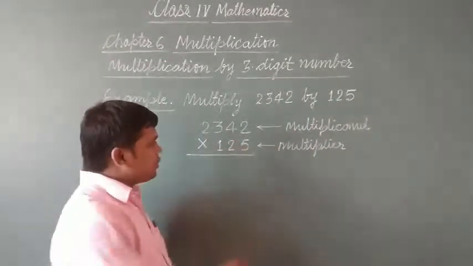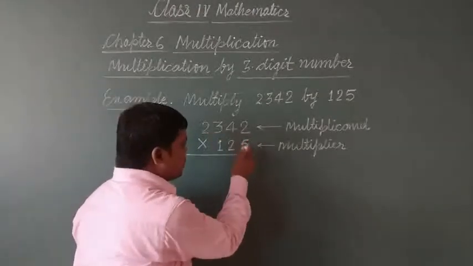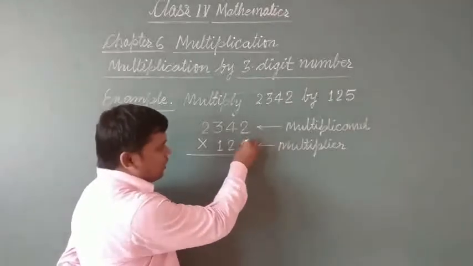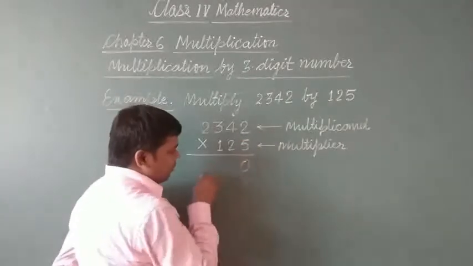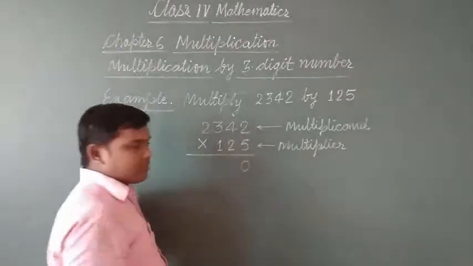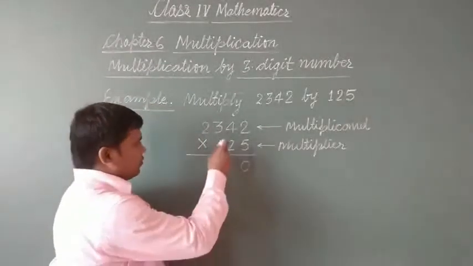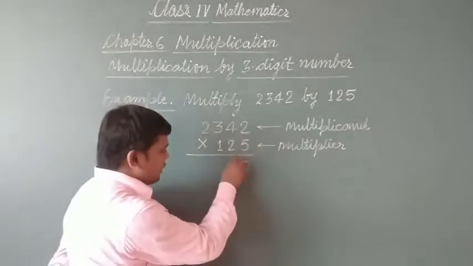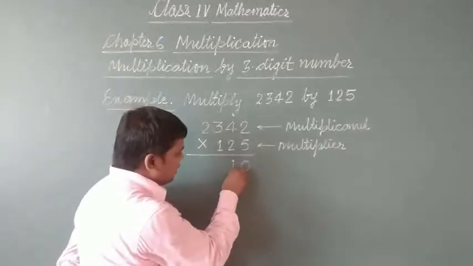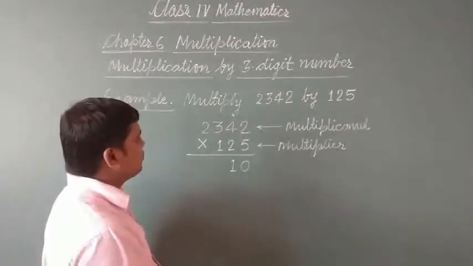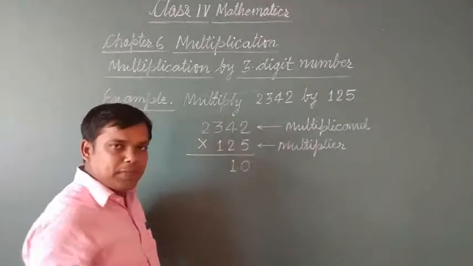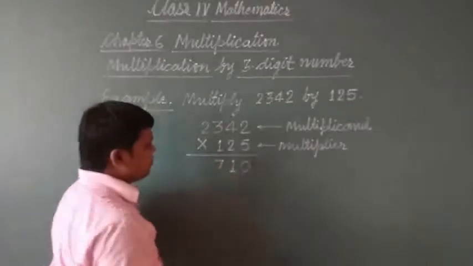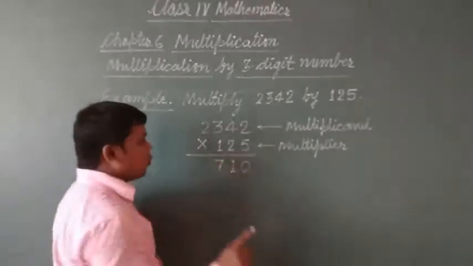So at the very first we will multiply by this number, 5. So start multiplication. 2 5s are 10. Here will be 0, carry 1. 4 5s are 20 plus 1, 21, we write 1 here, carry 2. 3 5s are 15, 15 plus 2, 17. So we write 7 here, carry 1.